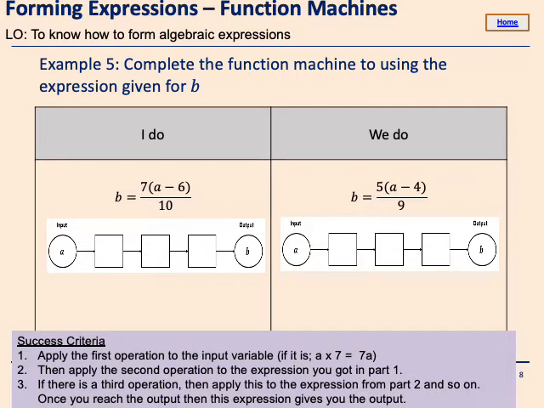Right, so now we can see that our function machine has 3 operations, 3 functions. So complete the function machine using the expression given for B. So what happens to our input value first? What happens to our A? So I can see 6 is being subtracted from it.